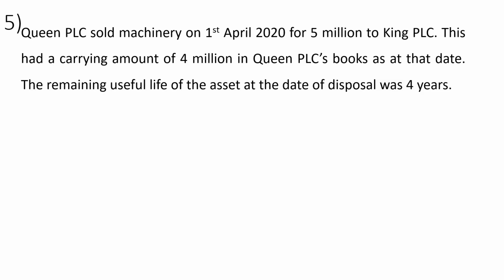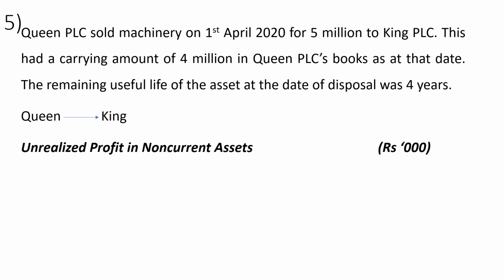It says Queen sold machinery on 1st of April 2020 for 5 million to King PLC. This had a carrying amount of 4 million in Queen PLC's books as at that date. The remaining useful life of the asset at the date of disposal was 4 years.